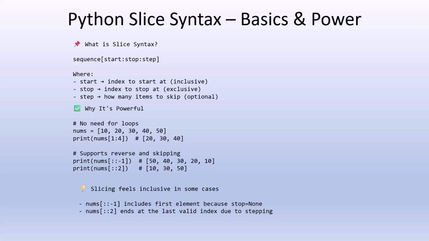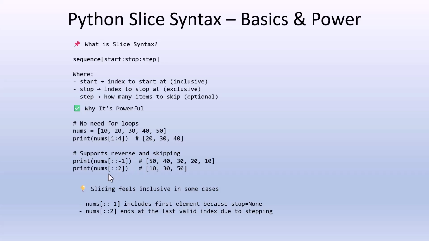Slicing feels inclusive although it is exclusive. The index to start at is inclusive and the index to stop at is exclusive. It should include the start index and exclude the stop index. But sometimes there is an exception: even though stop is exclusive, it feels inclusive because stop equals None, and here it ends at the last valid index due to stepping.